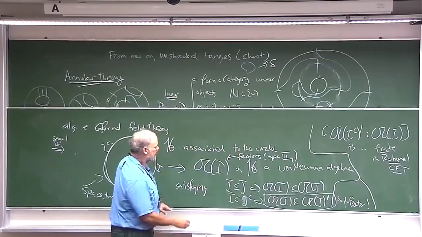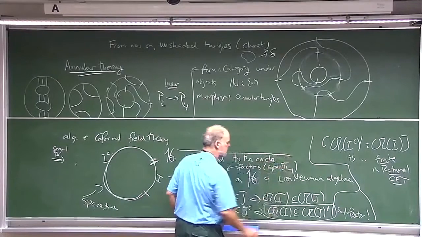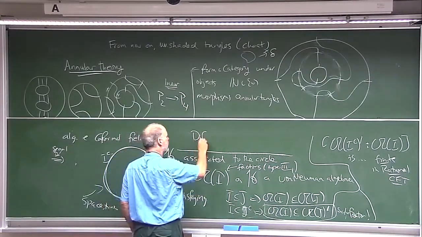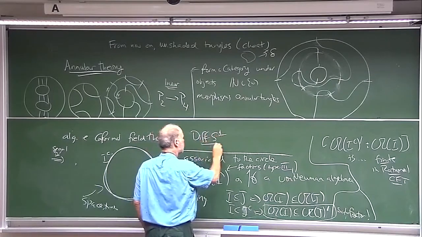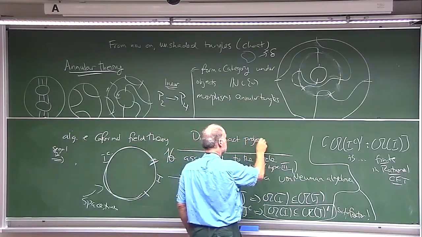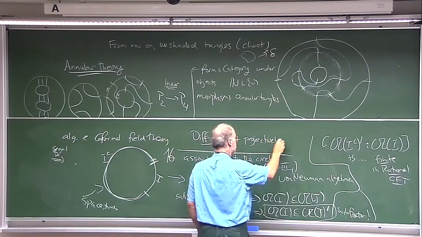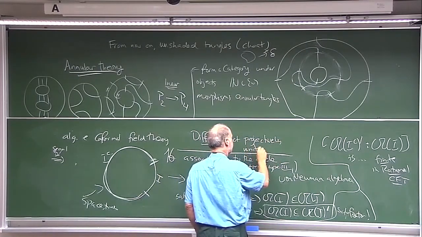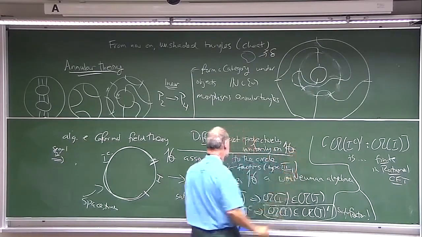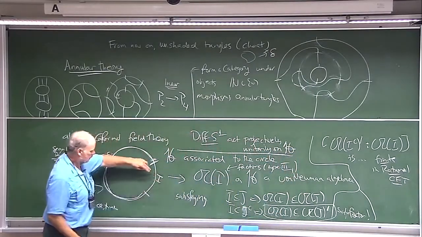And the other thing that makes it conformal field theory, as opposed to just any quantum field theory, is that Diff(S^1) is supposed to act projectively, unitarily on H. And it's coherent with these intervals.